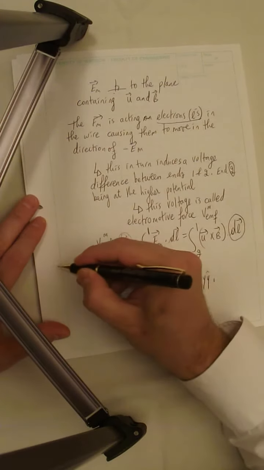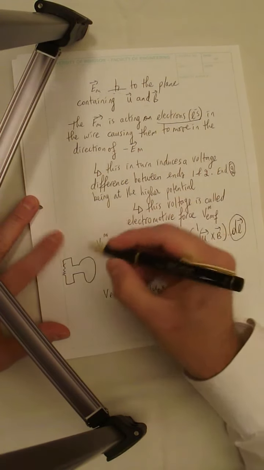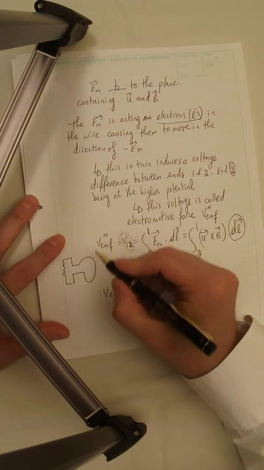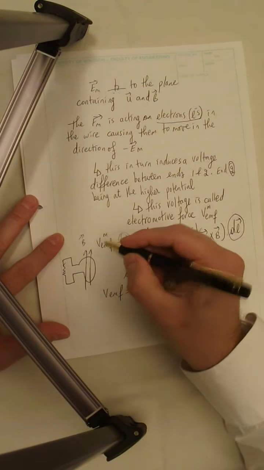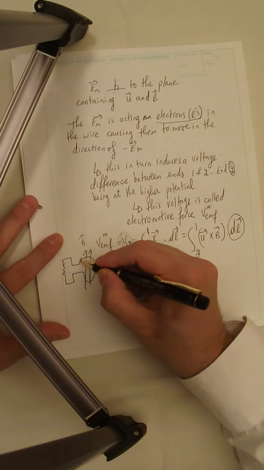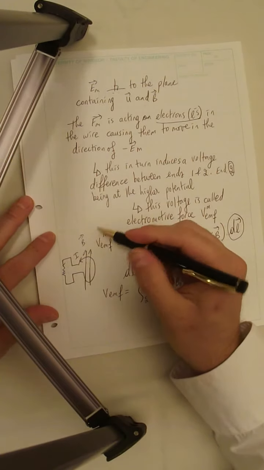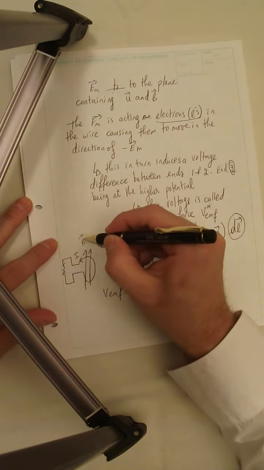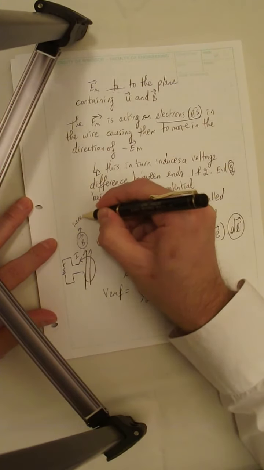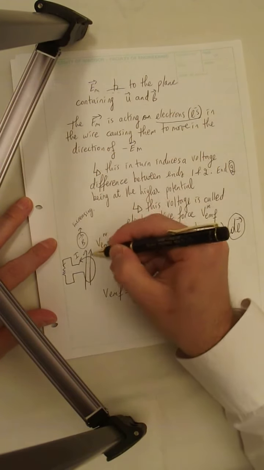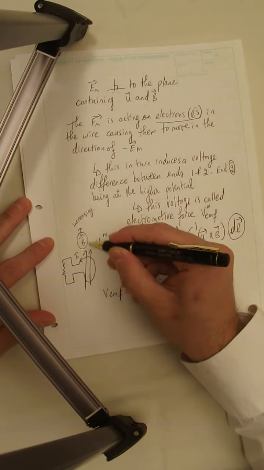For example, if you have a wire and a magnetic field going through that wire, this produces a current going this way using the right hand rule. Assuming this magnetic field is increasing, we need an opposing induced magnetic field.